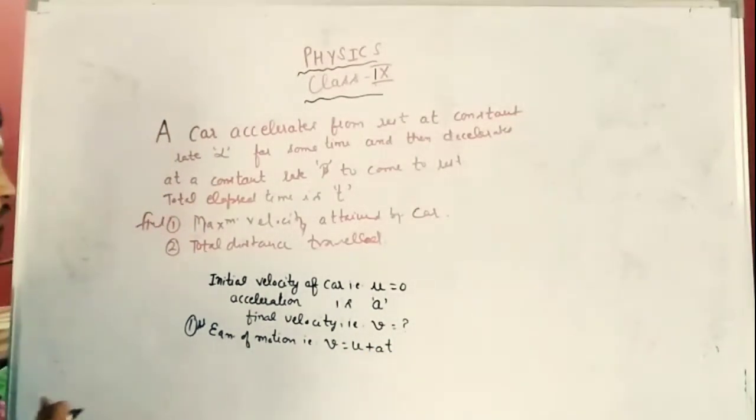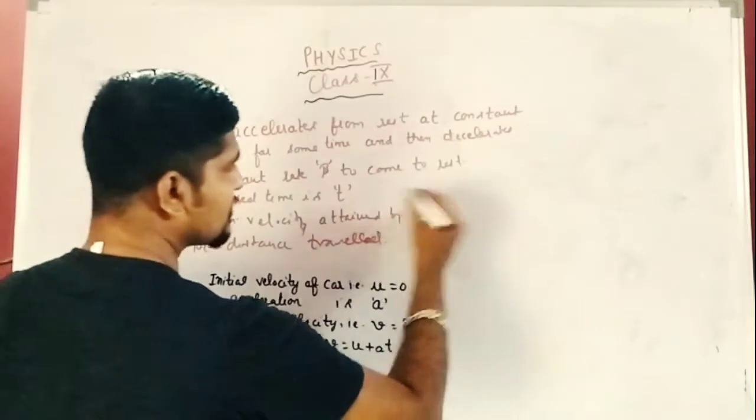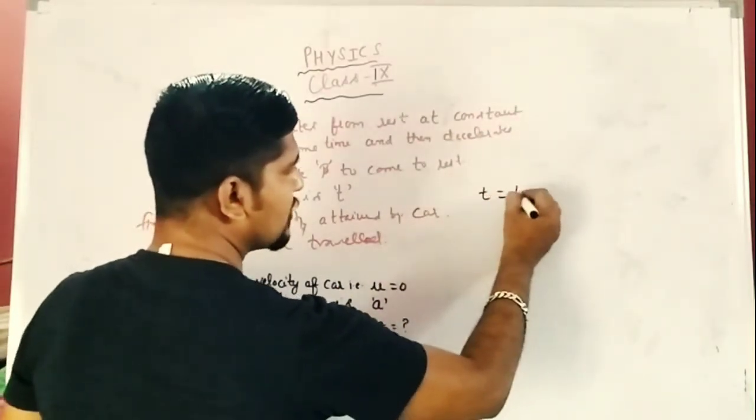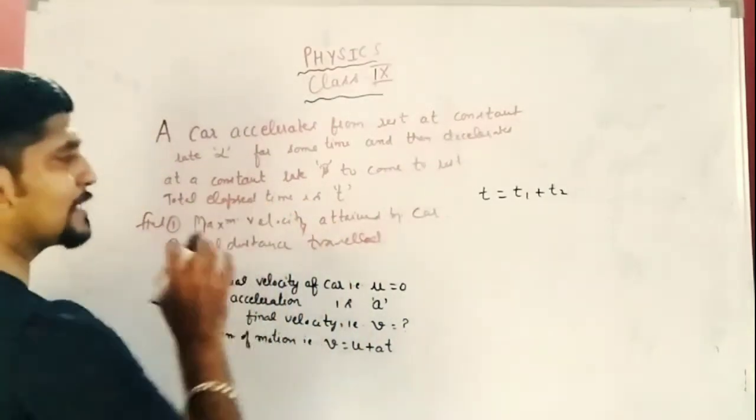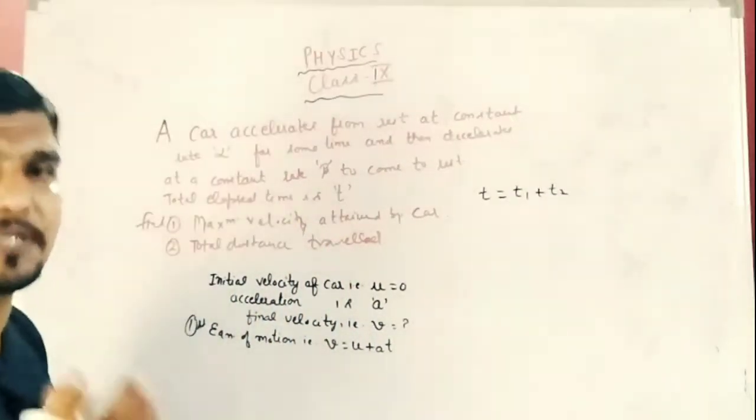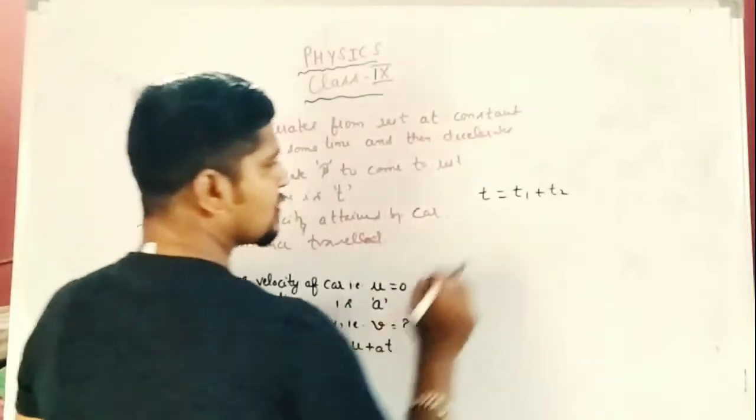Let us assume, because in the given problem the total elapsed time is t, that this t is divided into two times, t1 and t2. It means this elapsed time t is the sum of the two times assumed by us, t1 and t2.